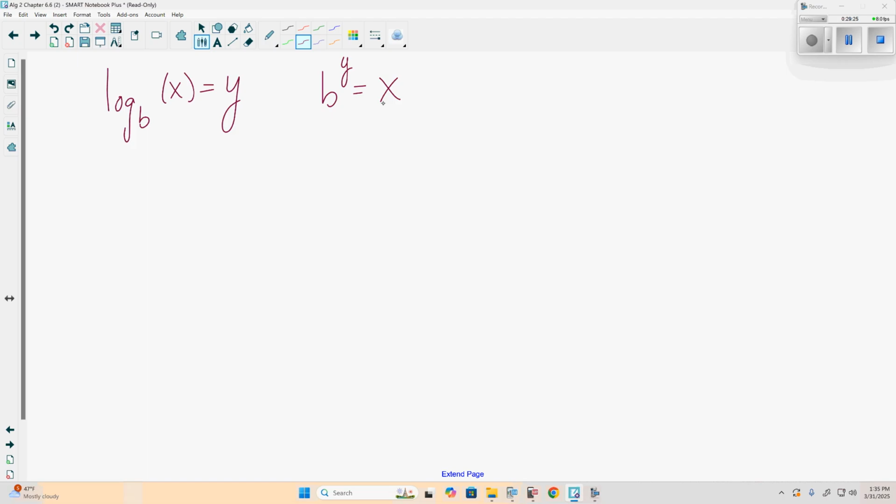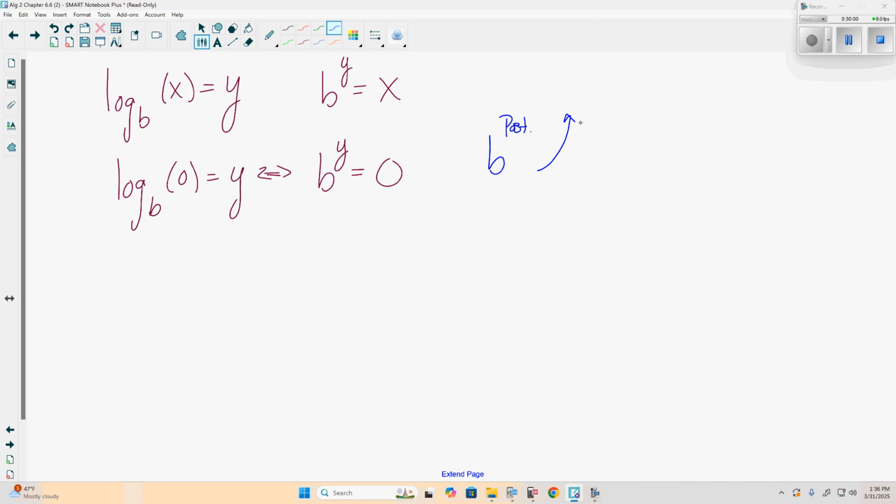So if we said x was 0, what we're saying is that b, whatever the base is, to the y is going to equal 0. And this doesn't work, because if y is positive, b to a positive number is just going to get bigger and bigger. We've seen that in some of the equations. Putting 2 to any power, you're just going to make it bigger. It's not going to make it be 0.